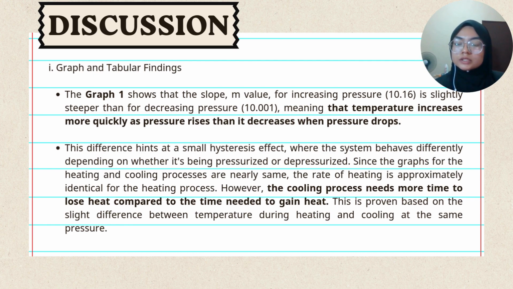Graph one shows that the slope during increasing pressure, which is the M value, is 10.16, which is slightly steeper than during decreasing pressure, which is 10.001. This indicates that the temperature rises more rapidly with the increase of pressure compared to when it decreases as the pressure is lowered.